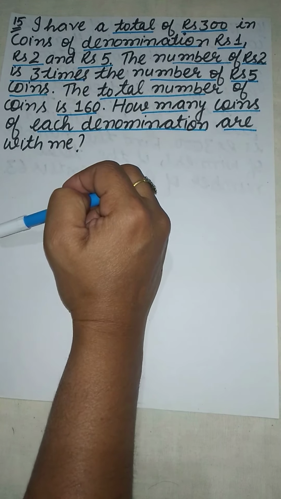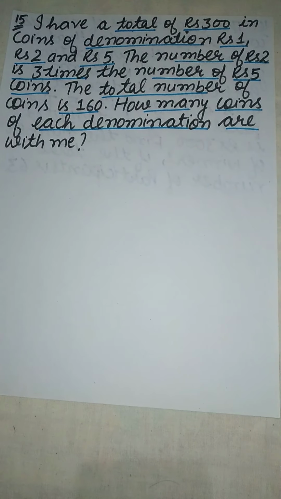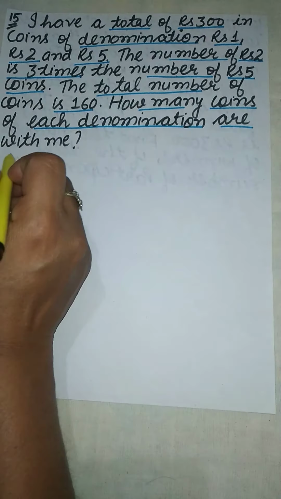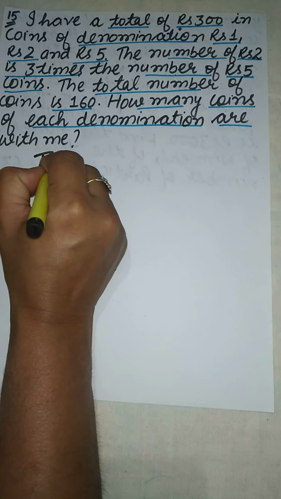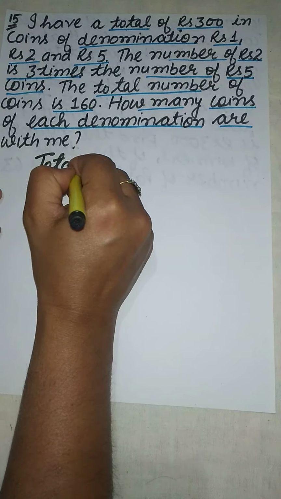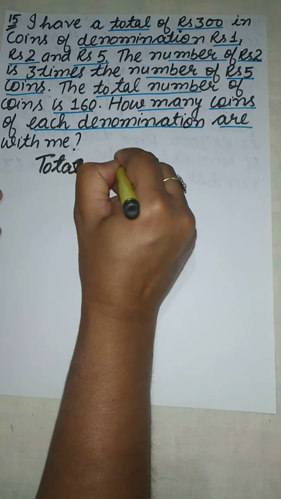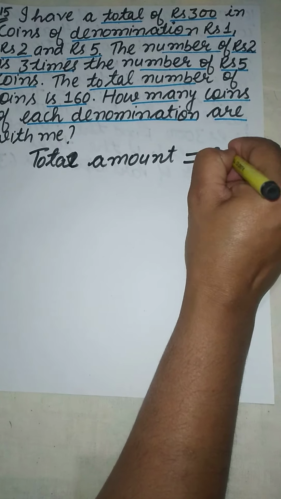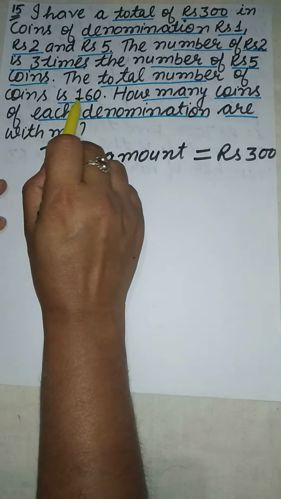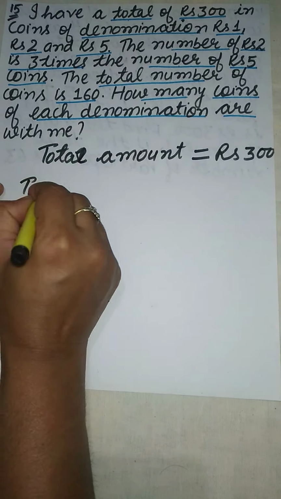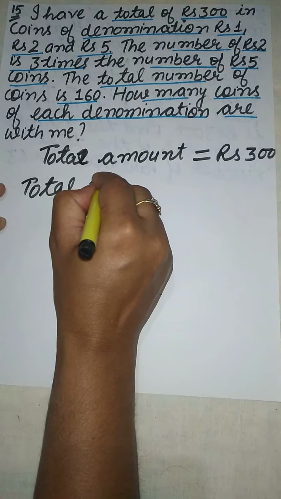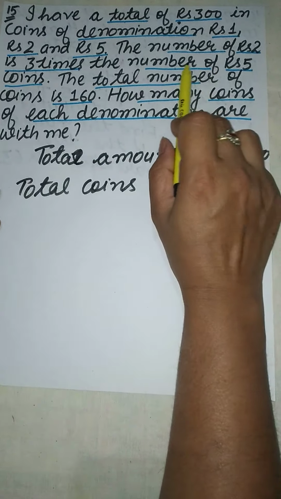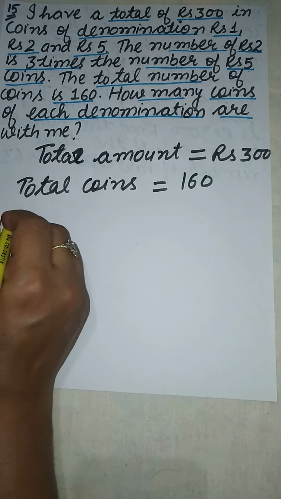Now, firstly I will write total amount of money is rupees 300. Total coins are 160.